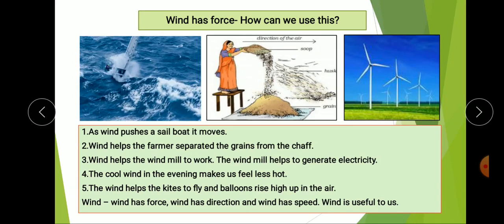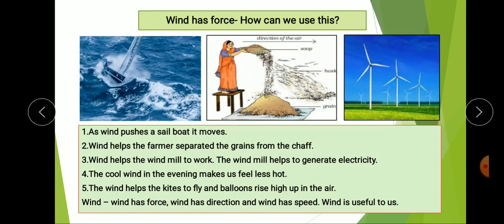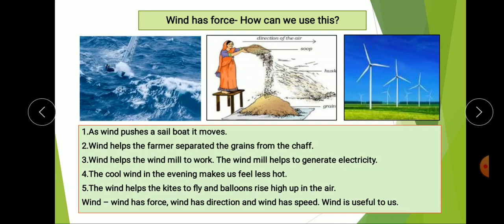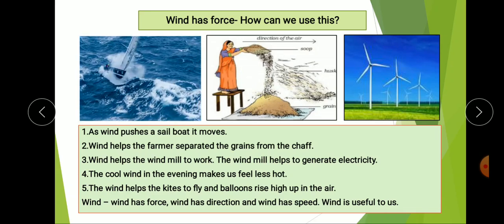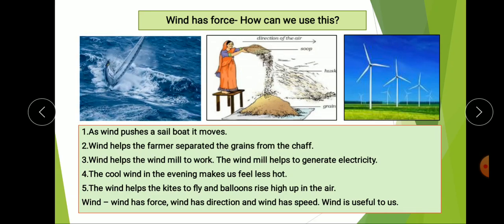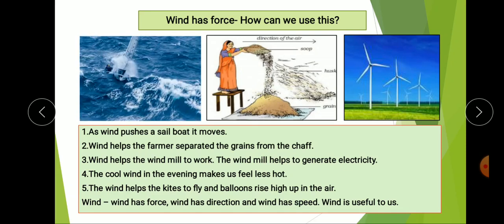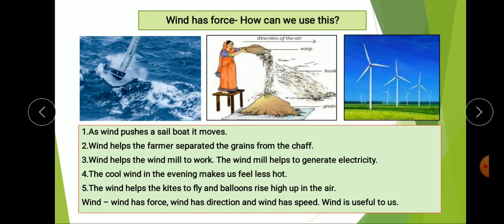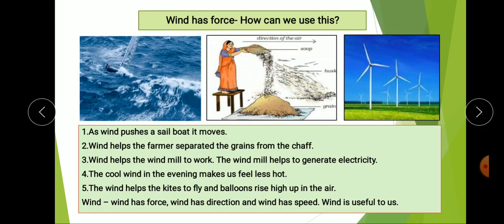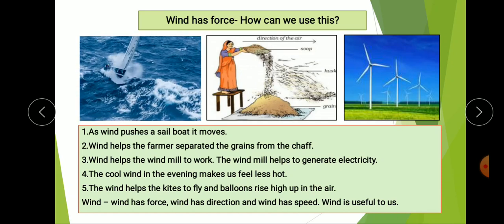Fourth, the cool wind in the evening makes us feel less hot. Fifth, the wind helps the kite to fly and balloons rise high up in the air. The kite flies with the help of wind in the direction of the wind, and with the help of wind balloons also rise up.